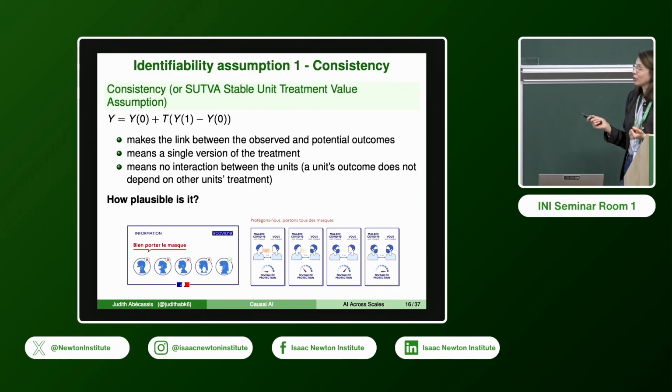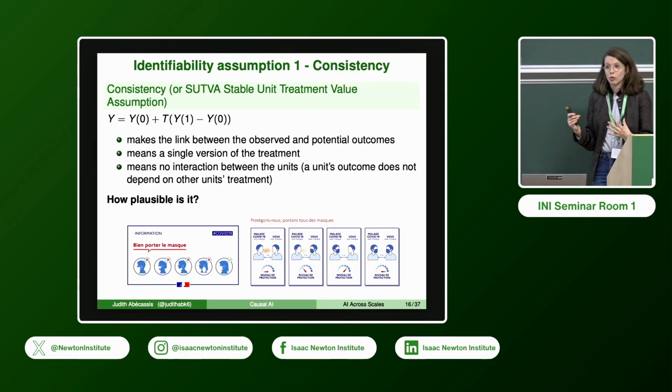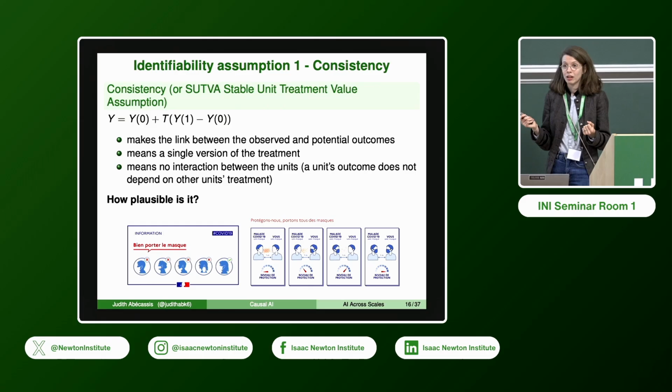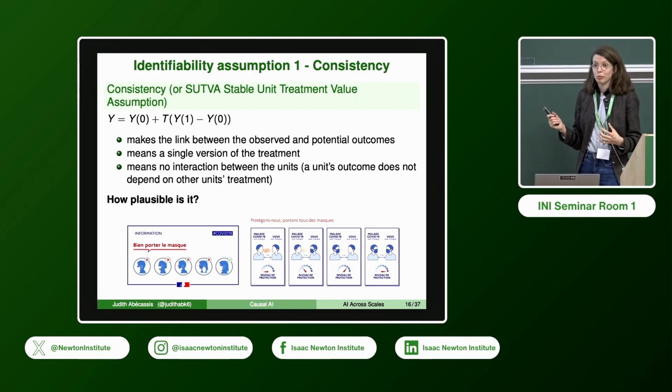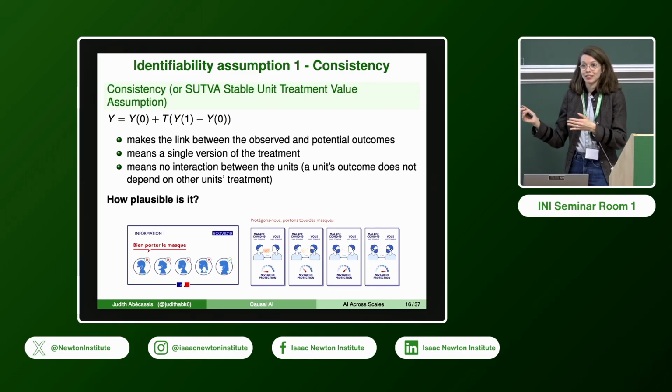And in the case of these infectious diseases, and it's also the case for a lot of vaccination analysis, your individual risk depends on whether the other people and the other units are having the treatment. So if you don't wear a mask, but everyone wears one, actually you have the same outcome as if you were wearing a mask, more or less.